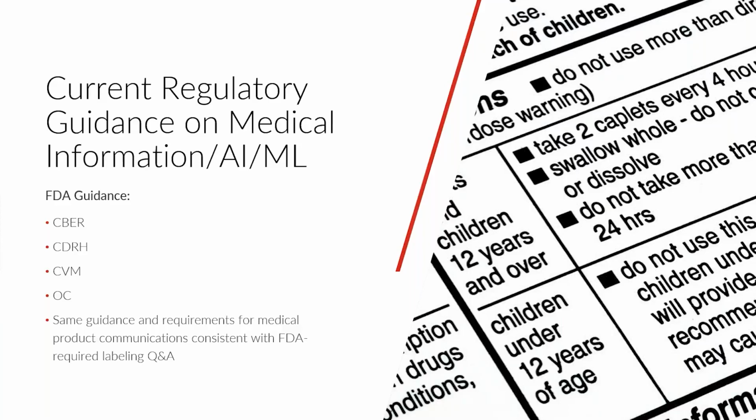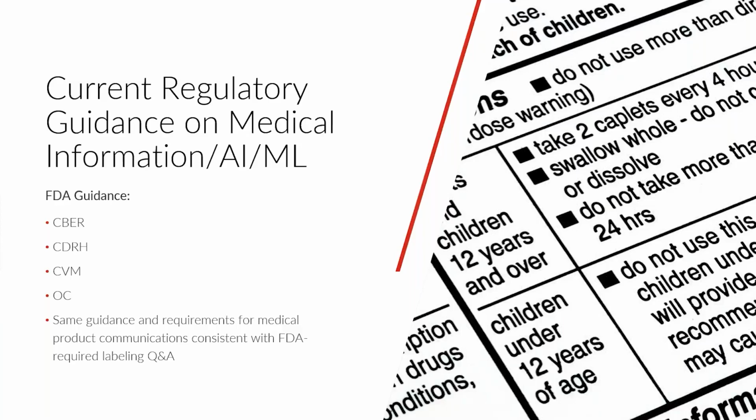There are some new guidances coming out from FDA about machine learning, about AI, about how to put all of this together, and about validation. We can't forget that all of these solutions that use AI and ML do have to undergo validation.